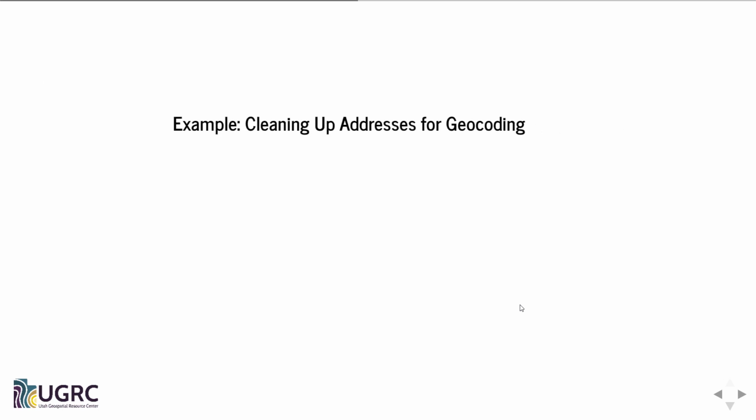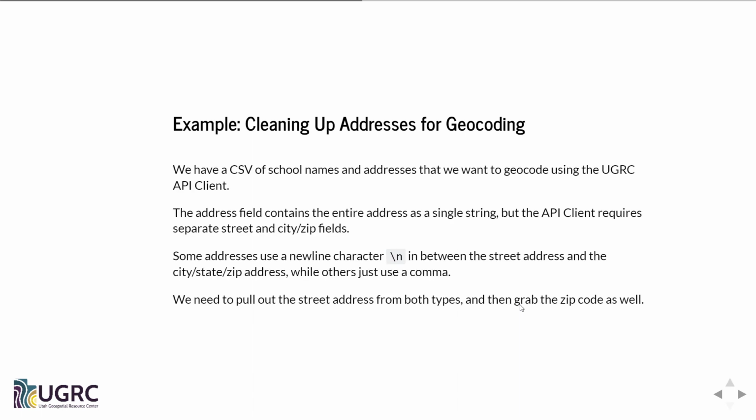So to really show you how this can get complex, this was something I was working on just last week. We have a CSV of school names and addresses. We want to geocode the addresses with the UGRC API client, but the address is all in a single field, and we need a street address and either a city or a zip code column.